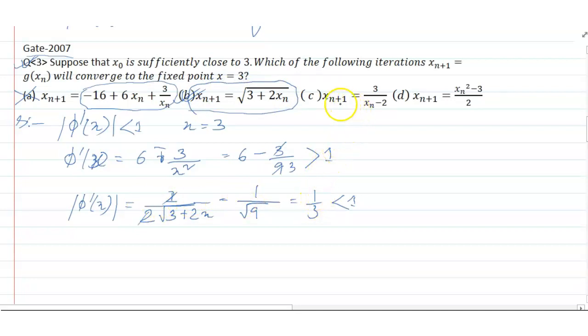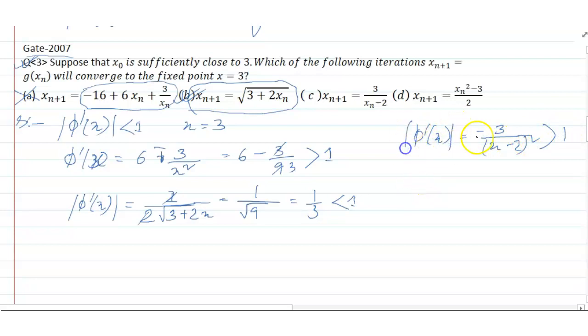And next, if I check option C, then phi dash x is equal to minus 3 divided by (x minus 2) whole square, and if I put in the value, this is greater than 1. So this is not possible.